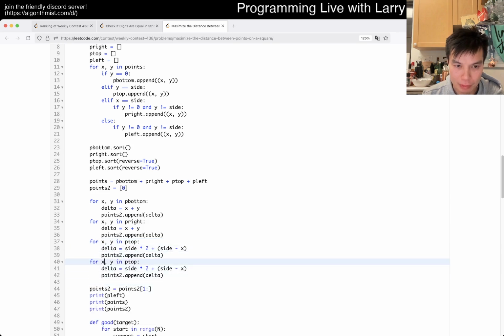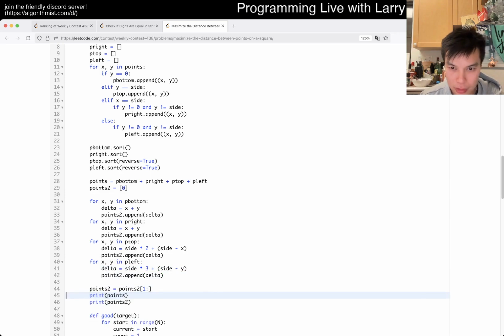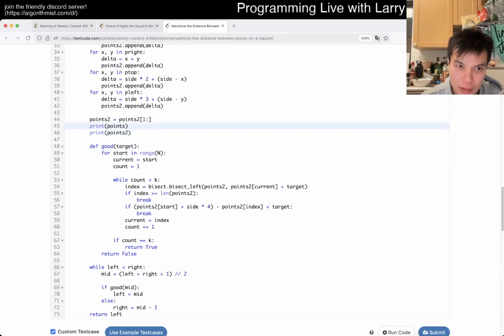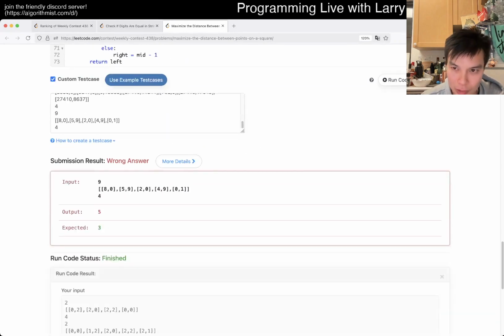And then left, it's going to be side, and then it is going to be side minus y. Okay. 3. Okay. I was just trying to be too clever, or just trying to be lazy on that one.